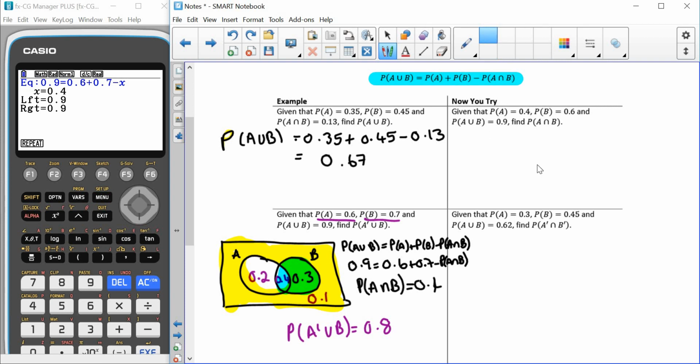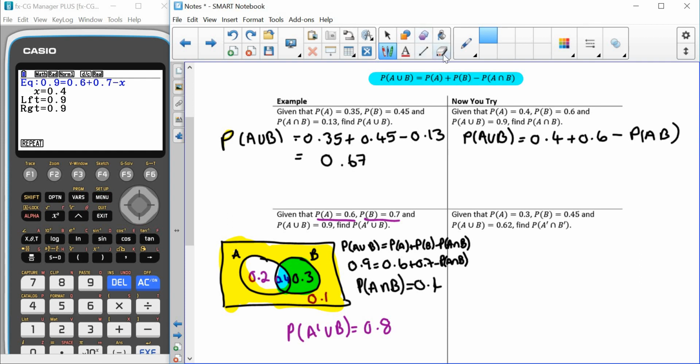So hopefully you've paused the video and you've tried the Now You Tries. Again, for the probability of A or B, we would start off with 0.4 plus 0.6 minus the probability of A and B, which we're trying to find.